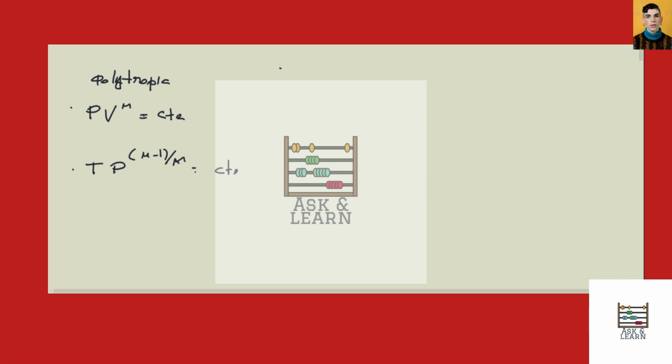And what about the isentropic process? For the isentropic process, we have again two equations. The first one is PV to the power of K is a constant. And remember, K in here is the isentropic exponent, the ratio of the specific heats, at constant pressure and constant volume, okay?